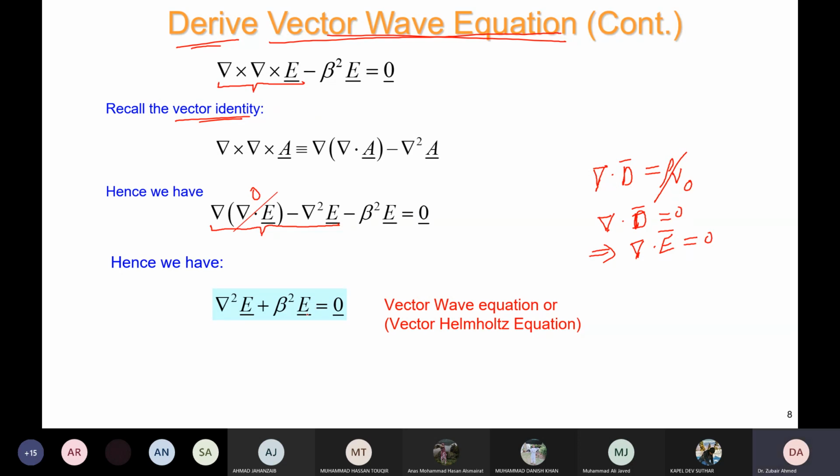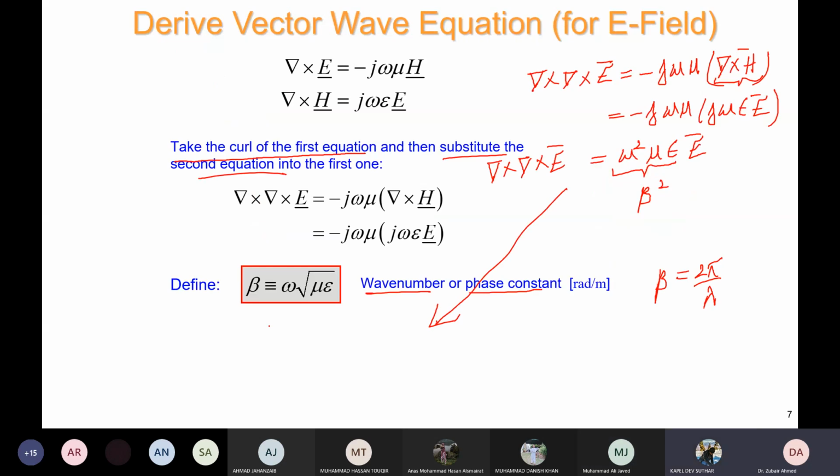Now a question can be asked: if I want to derive a vector wave equation for the magnetic field, what steps should I follow? We have derived the vector wave equation for E. If I ask you to derive the vector wave equation for the H field, what steps should you follow?